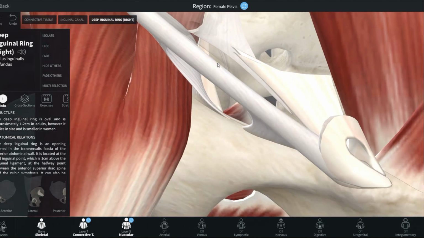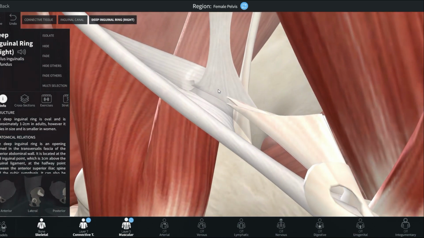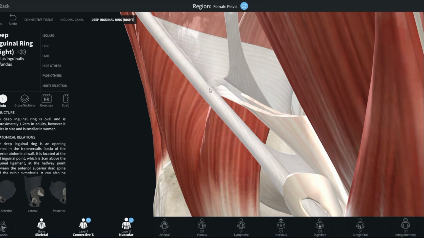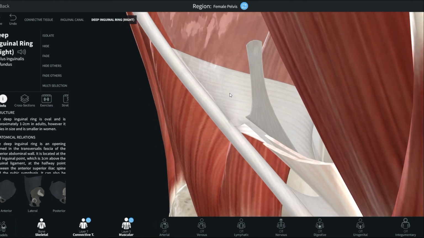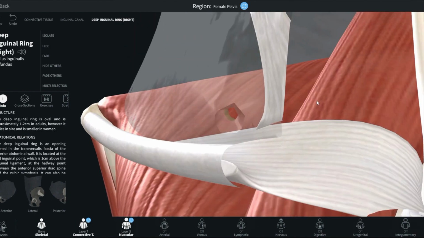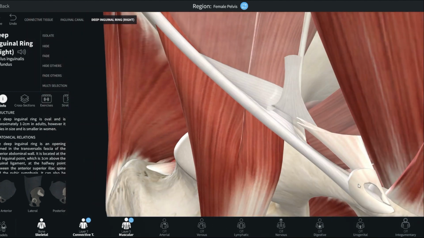Can you now get an idea of how the inguinal canal is oriented? It is oriented downwards, forwards, and medially, positioned across the medial half of the inguinal ligament. It starts from the deep inguinal ring, which is the inlet, and ends at the superficial inguinal ring, which is the outlet.